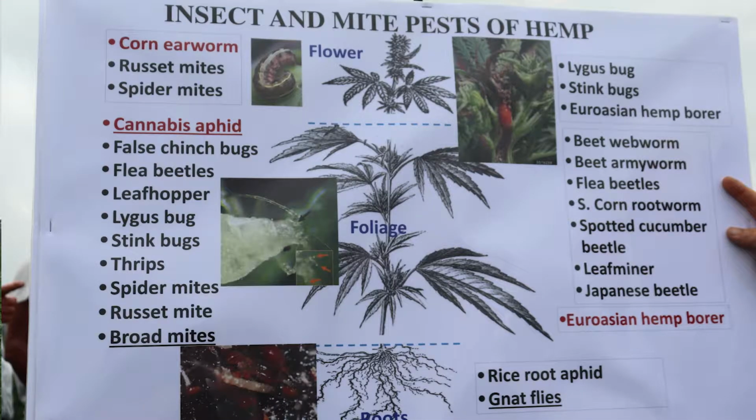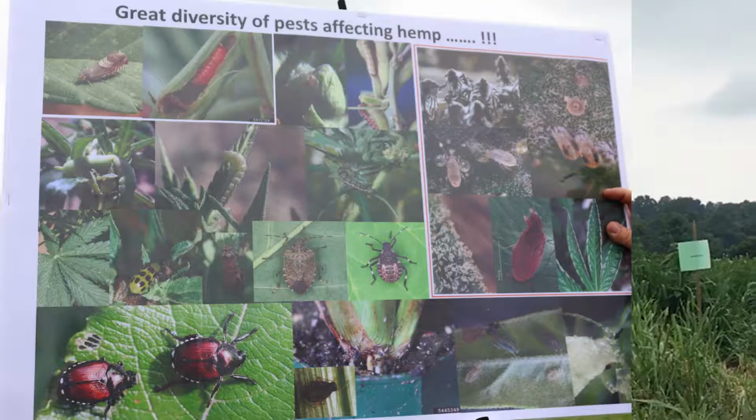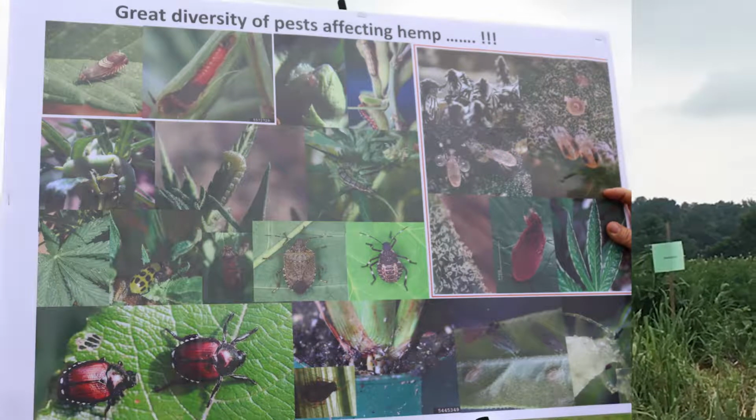In hemp, as I mentioned before, we have several insects. In Colorado, they have described many of them. One of the most problematic can be the European hemp caterpillar. So far, we haven't found that in Kentucky. But another probably problematic insect is the hemp aphid. That one was found in Kentucky in several locations.